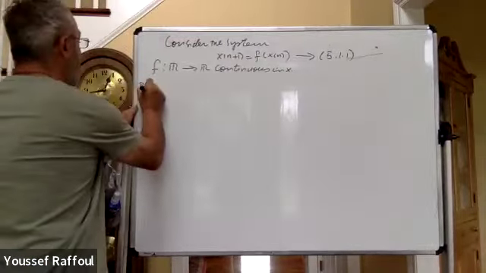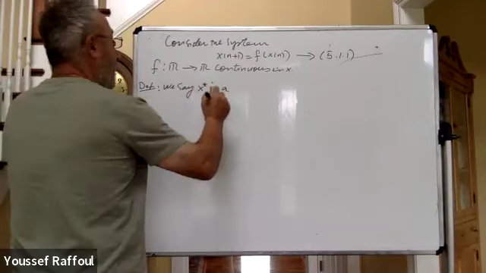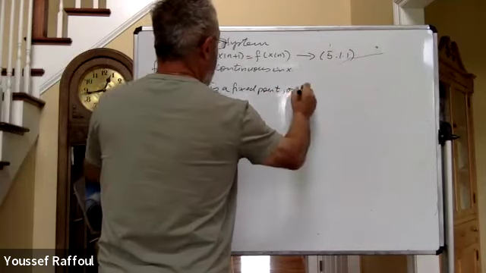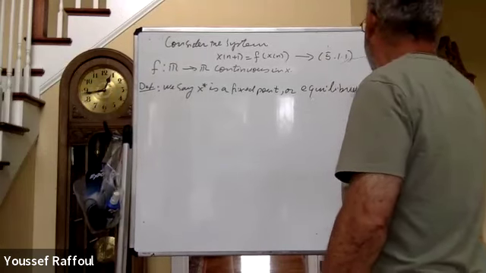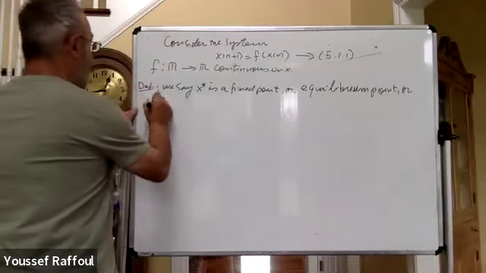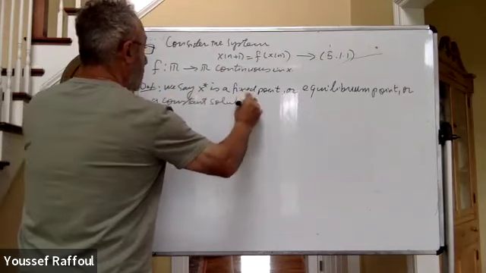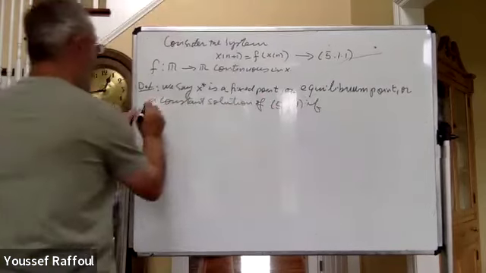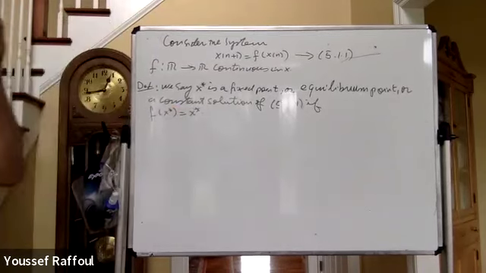Now, definition: we say x star is a fixed point or equilibrium point or a constant solution of 5.1.1 if f of x star equals x star.